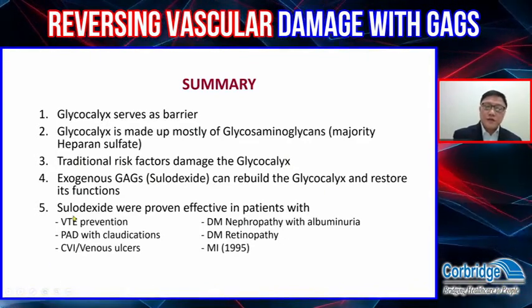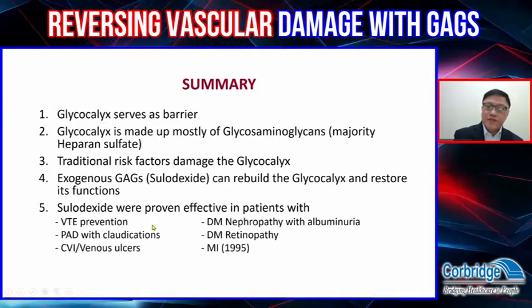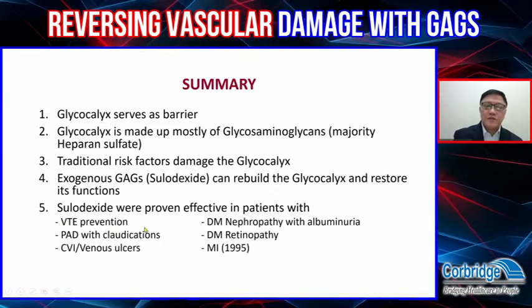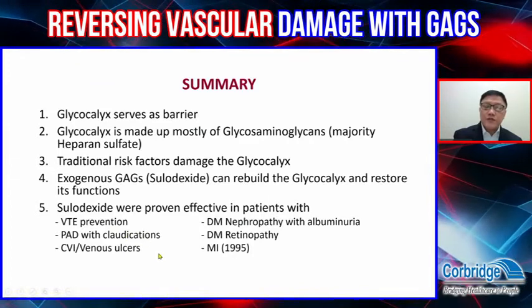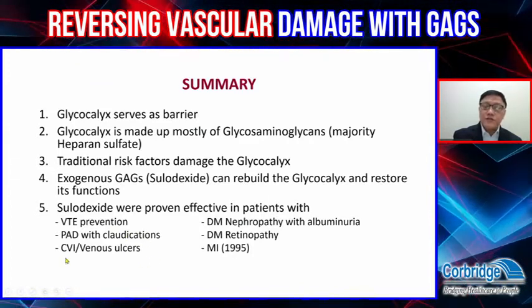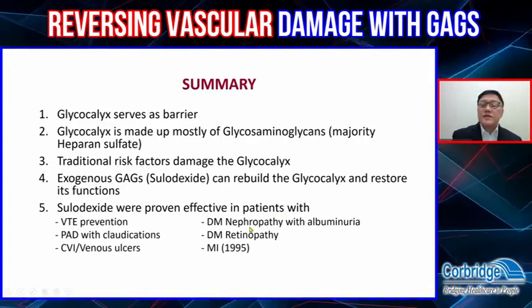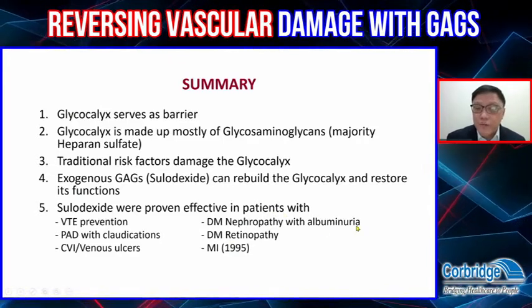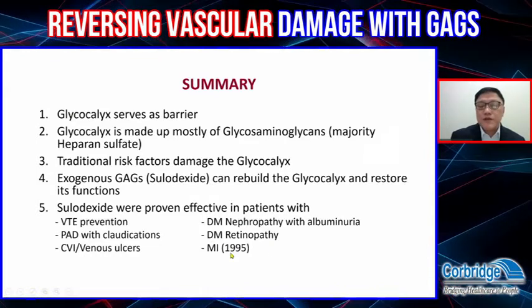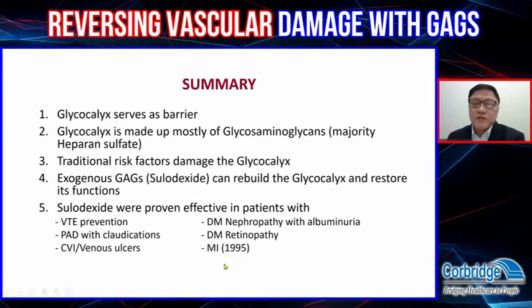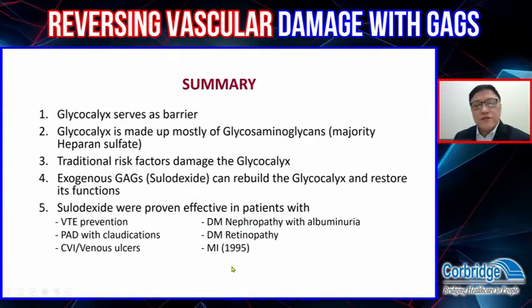So far, sulodexide is proven effective in the following conditions: VTE prevention, PAD with claudication, chronic venous insufficiency, diabetic nephropathy with albuminuria, DM retinopathy, and myocardial infarction, all vascular.